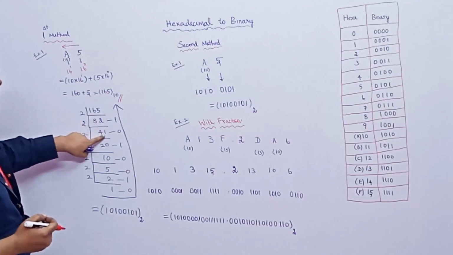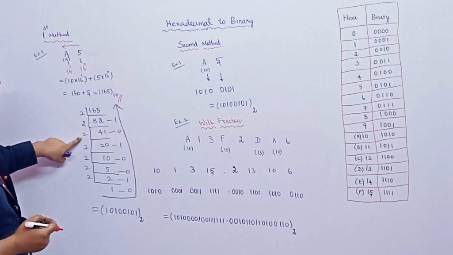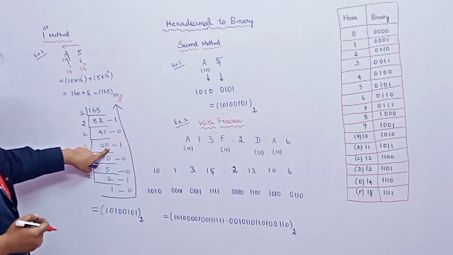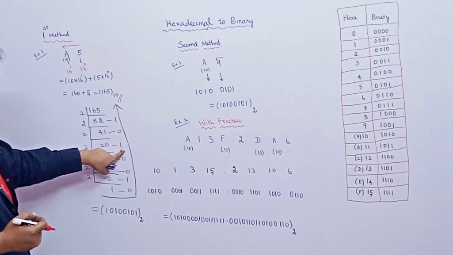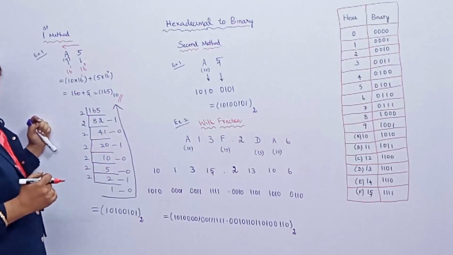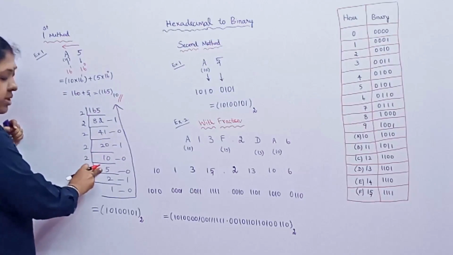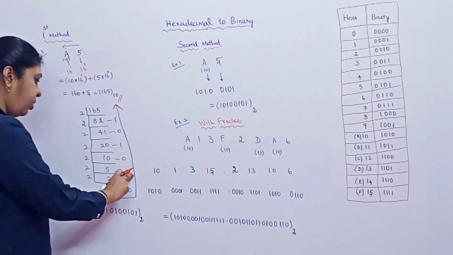82 when divided by 2 gives 41, remainder 0. 41 when divided by 2 gives 20, remainder 1. 20 when divided by 2 gives 10, remainder 0. 10 when divided by 2 gives 5, remainder 0.